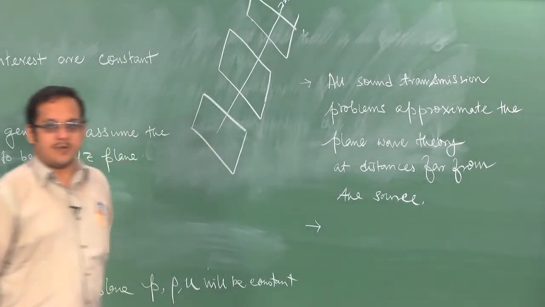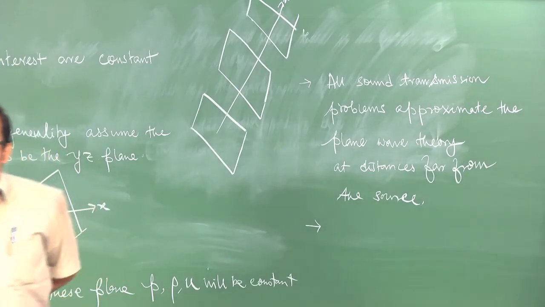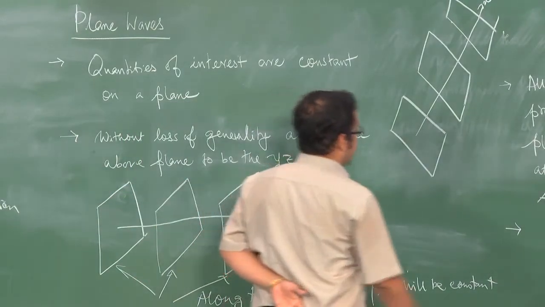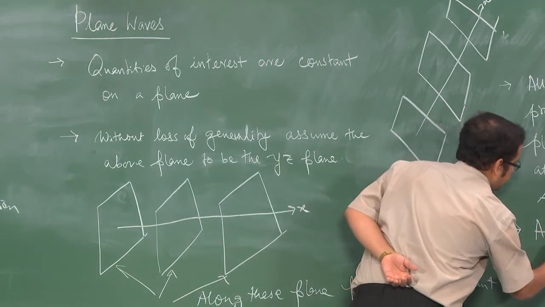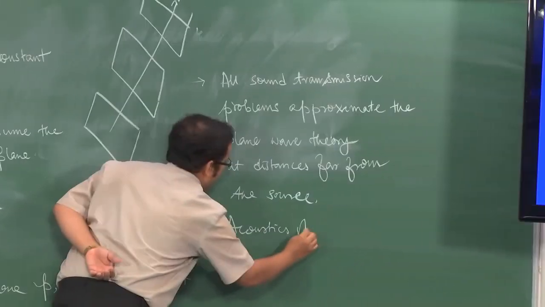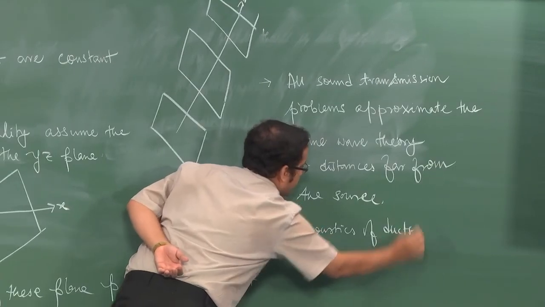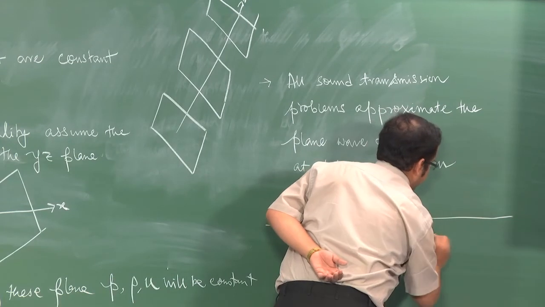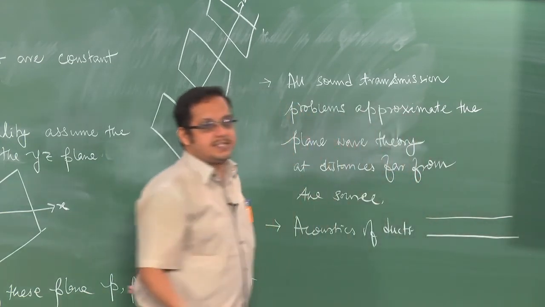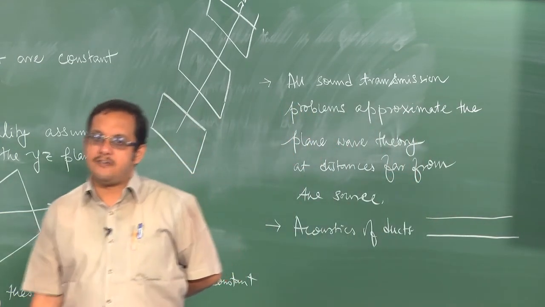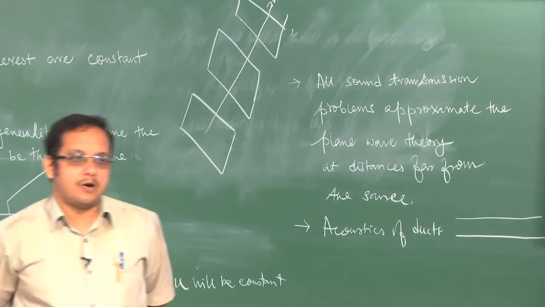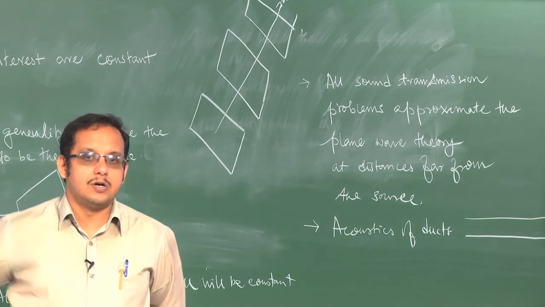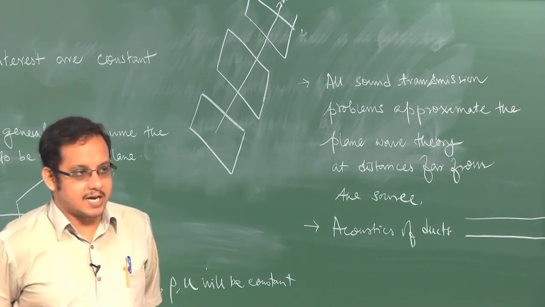The other place where you may think plane waves are quite obvious is in the acoustics of ducts. Okay. What are ducts? Ducts are simply like pipes, right, as the name suggests, it is just a pipe. Where do you have acoustics of ducts? In our automotive example, whatever is the exhaust noise, it actually comes out through the exhaust pipe, which is a duct, right.